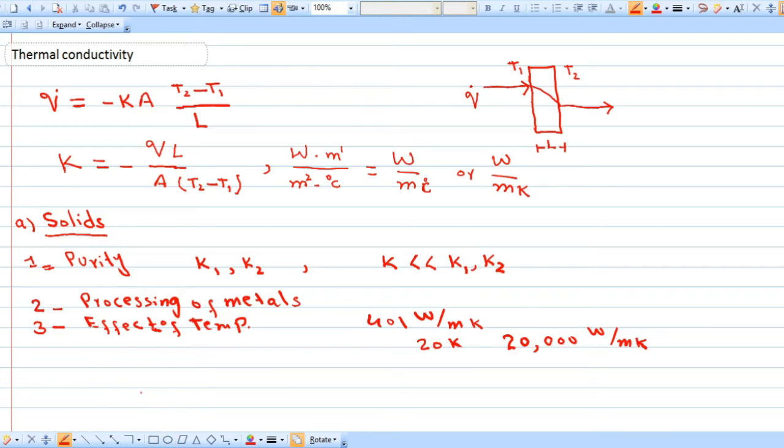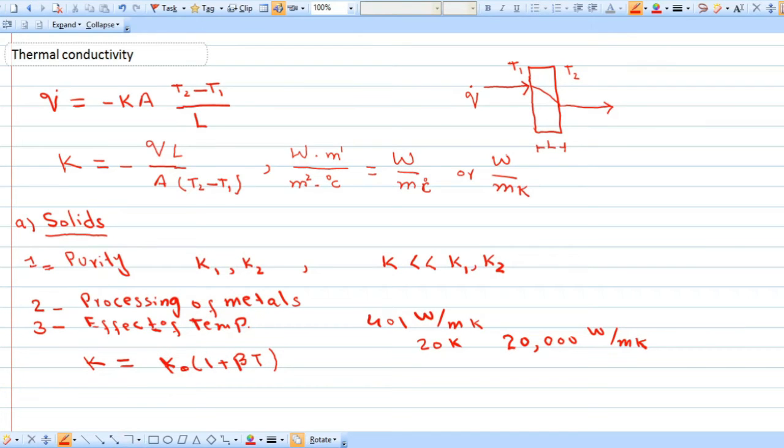Thermal conductivity at any temperature for solids can be given by K = K0(1 + βT). K0 is the thermal conductivity of the solids at reference temperature, that is normally room temperature, and K is the thermal conductivity of the metals at temperature T. Beta is the coefficient of thermal conductivity.